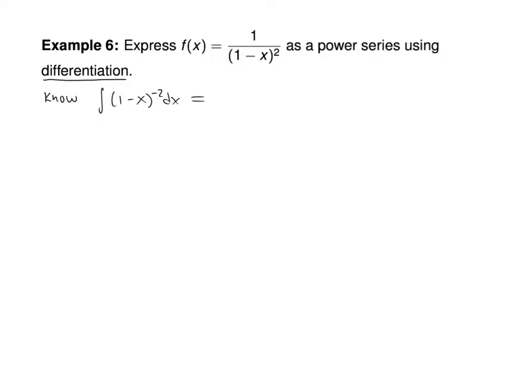I just rewrote it as a negative power. So the antiderivative of something to the negative 2 is that to the negative 1, over negative 1. And then why would I multiply by another negative 1? Because of the inside thing, right? Kind of like the reverse chain rule. So this makes 1 over 1 minus x, right?